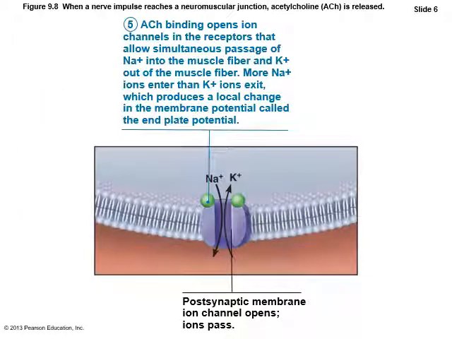When acetylcholine binding opens the ion channels, it's going to cause an exchange between ions. Initially, these channels are really called sodium channels, and it lets sodium into the membrane. And when that happens, that is going to depolarize the membrane.